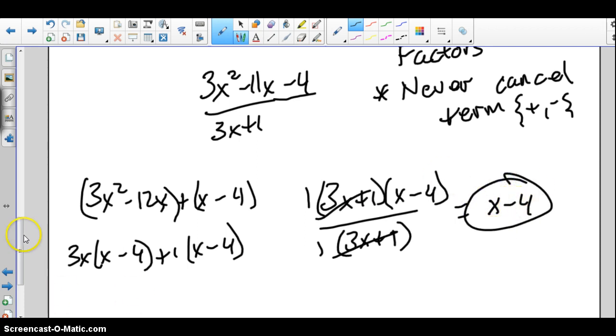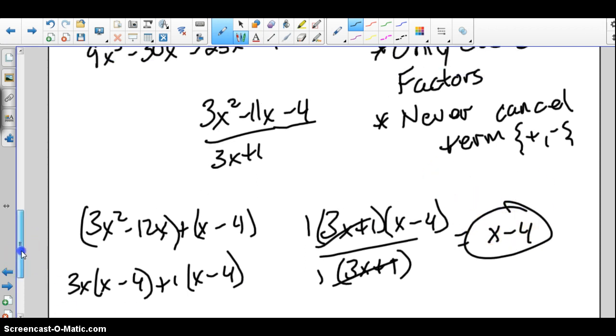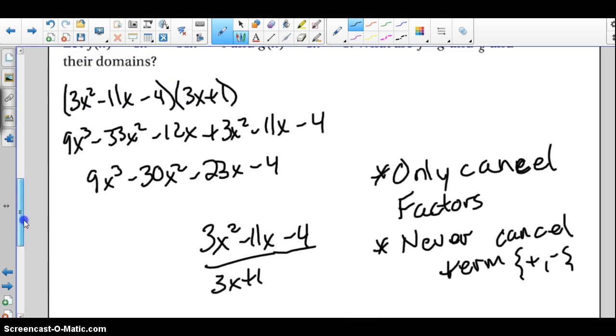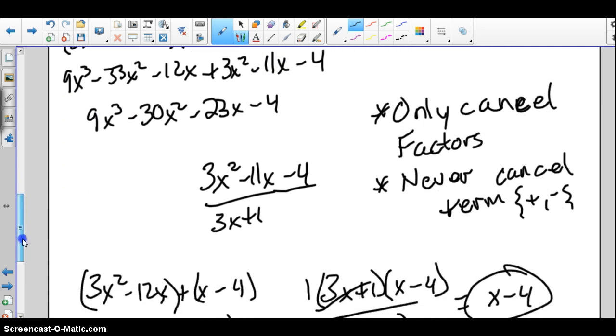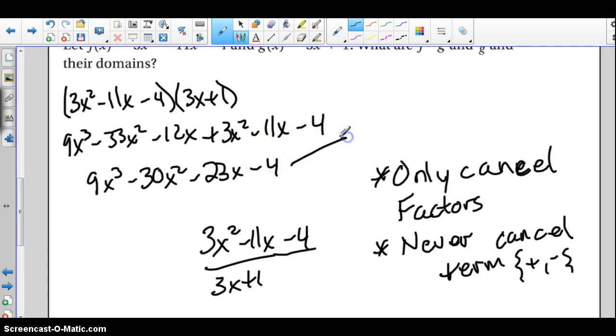Now let's go back and take a look at what our domains are going to be for this. Since our domain for f of x was all reals, because there's no denominators, no square roots, all reals for g of x, therefore for f times g, we're going to have all reals as our domain.